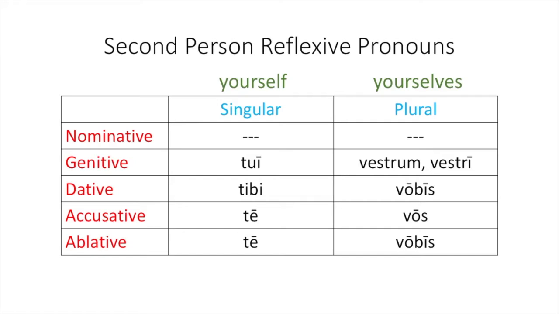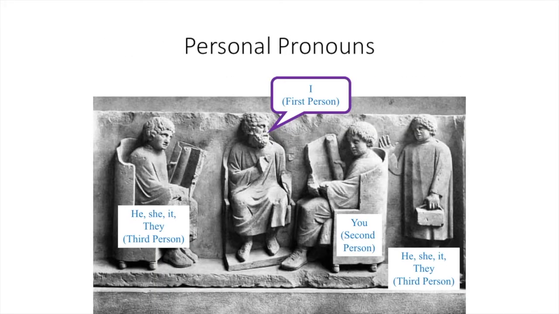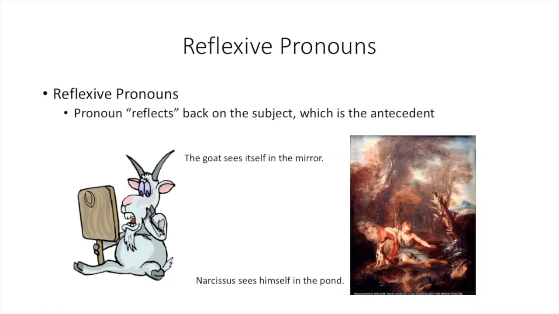For the third person, it gets a little bit more complicated. And that's because, as you remember, the third person can be translated as he, she, it, or they. So in our sentences, when we look at the translations, like the goat sees itself in the mirror, or Narcissus sees himself in the pond, our reflexive pronoun, itself or himself, takes its gender and number from the subject.